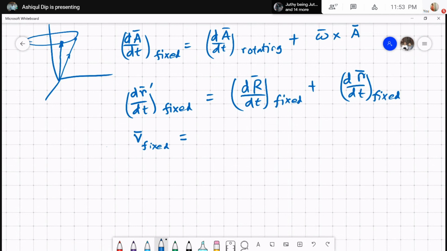So now dr over dt fixed, what is that? We call it big V, V origin. It is the velocity of the origin of the moving frame with respect to the non-moving frame, right?